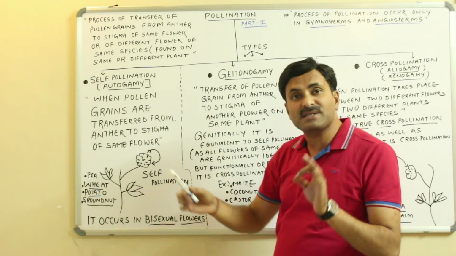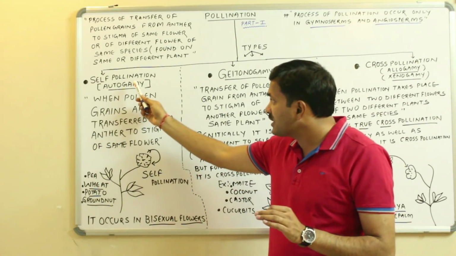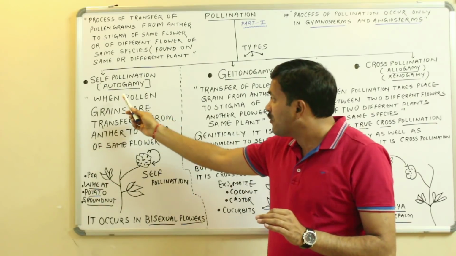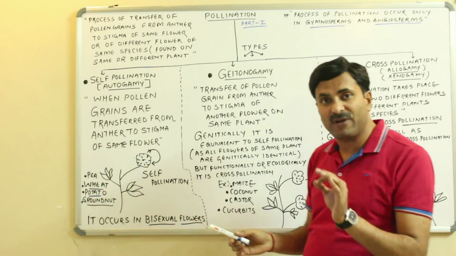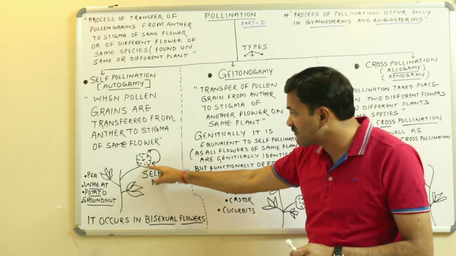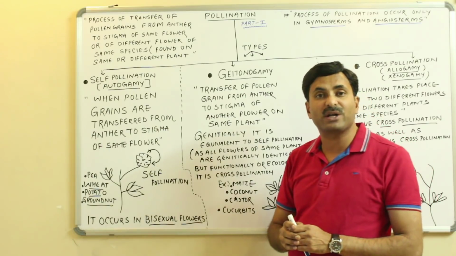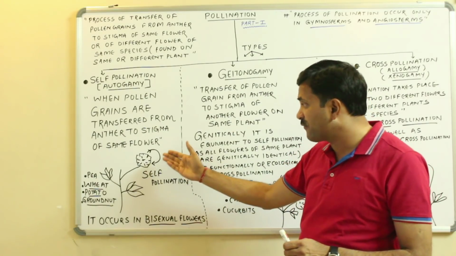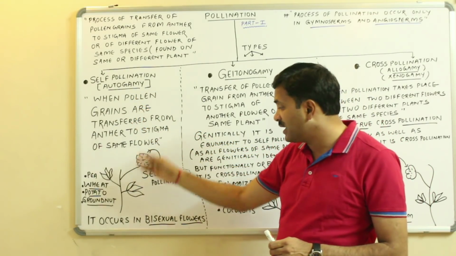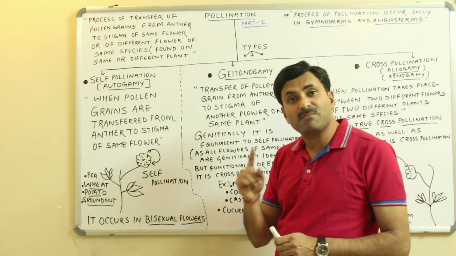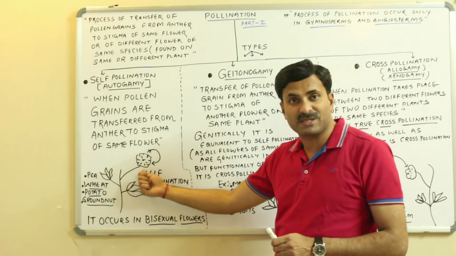Self-pollination is the most common mode of pollination. So what is self-pollination, or autogamy? When pollen grains are transferred from anther to stigma of the same flower, such a pollination is called self-pollination. It is clear from the definition that generally self-pollination occurs in a bisexual flower, because in a bisexual flower both the male and female reproductive organs are present.